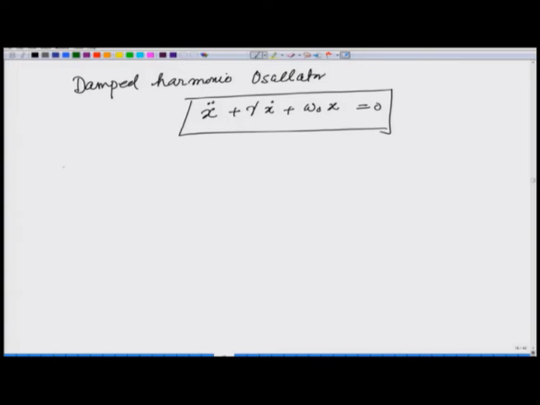So, I am first going to consider a case when gamma is much greater than omega 0. What does that mean? That means the damping in the system is quite large.